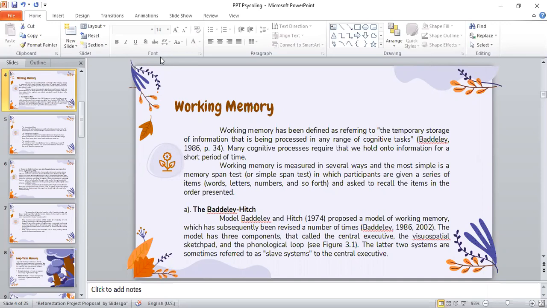A person's memory span is the number of items that can be reliably recalled in the correct order. This simple test is not only a common method in psychological experiments, but is also included in the most commonly used intelligence tests.